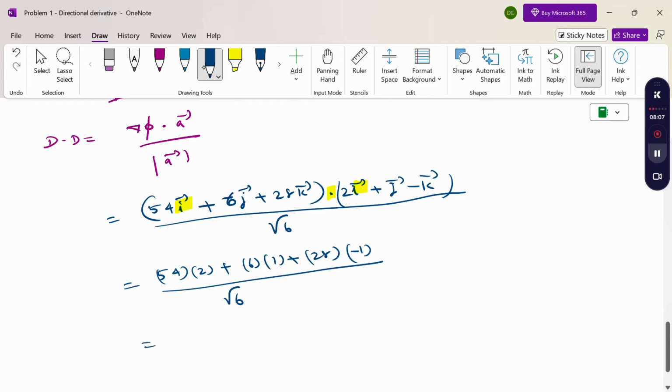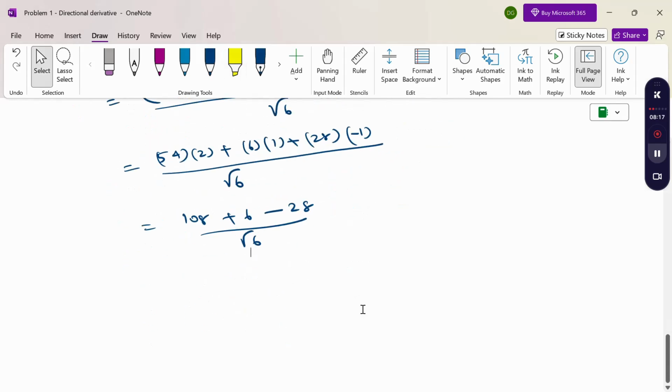Therefore this is 108 plus 6 minus 28 by root 6, which is 86 by root 6. This is our directional derivative.